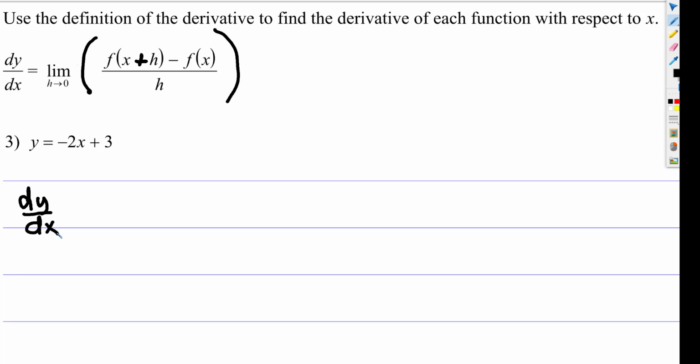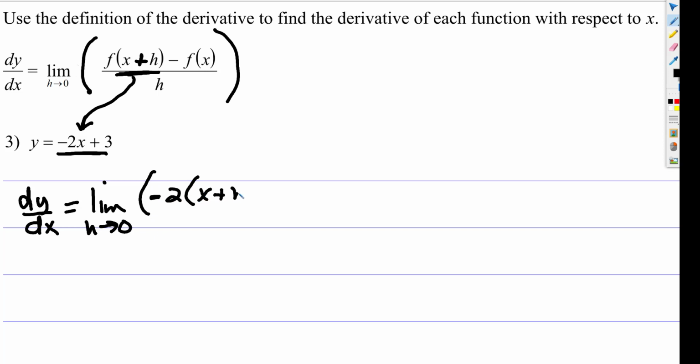So here we have dy over dx is the limit as either h or delta x approaches 0. And now we use this function everywhere there's an x. So right there, we're going to plug in x plus h. So we're going to plug in negative 2 times x plus h plus 3.